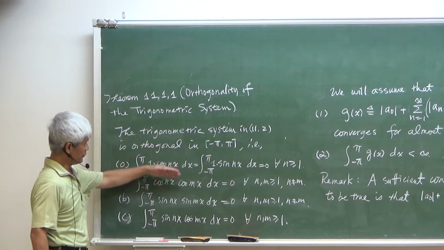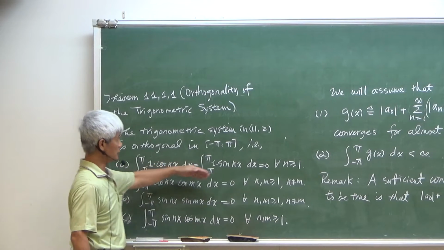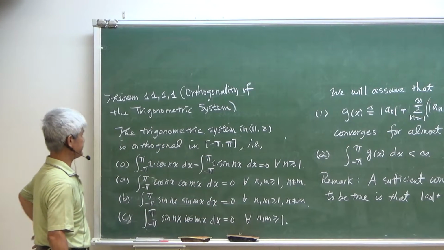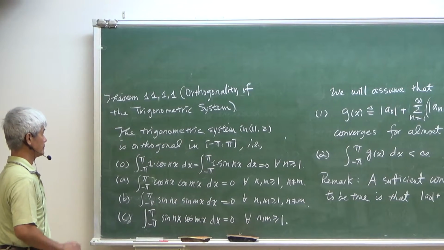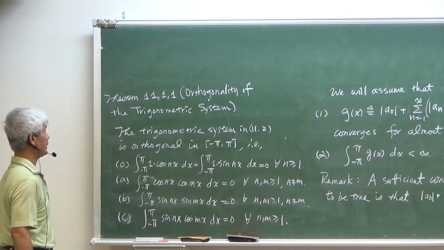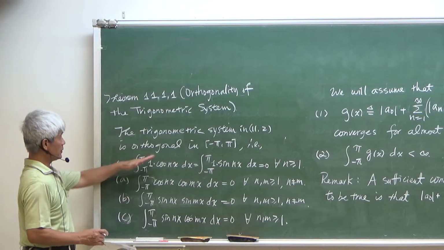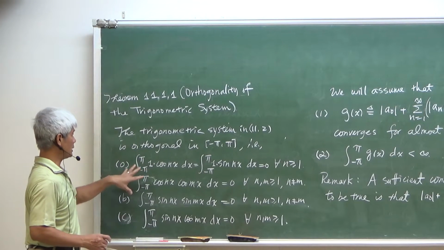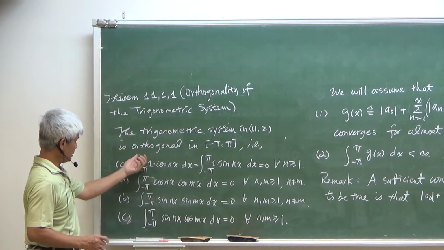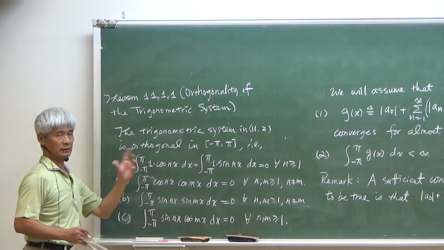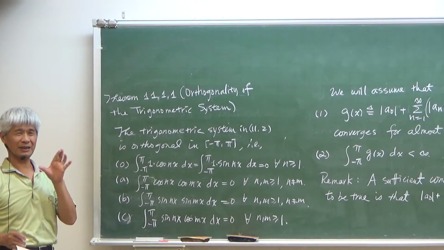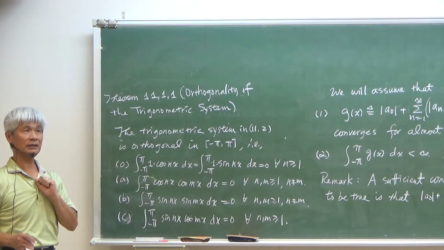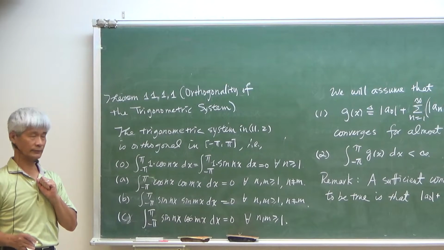So you have 4 formulas all equal to 0. Okay, so they are orthogonal because you can think about the integral of the product as the inner product. So it's kind of like an inner product in linear algebra. Okay?